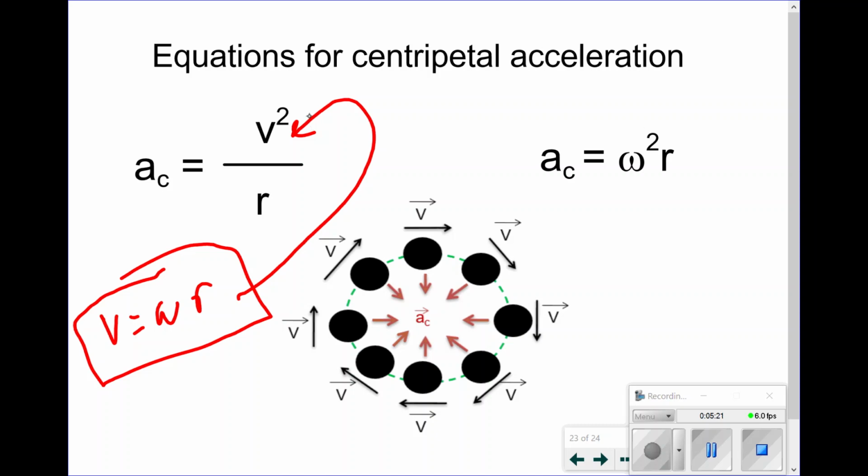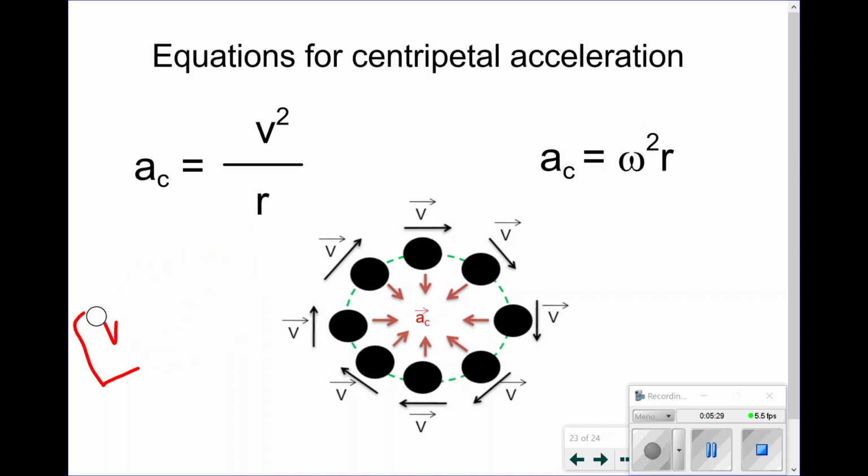Both of these equations are given at all times, and so there's never an issue of having to have one memorized. They're always given to you. You just pick the one that you want to work with. The only other question that people have or problem is, what is the unit for the centripetal acceleration? Well, the truth is, regardless of the equation that you use, the acceleration's unit is meters per second squared.